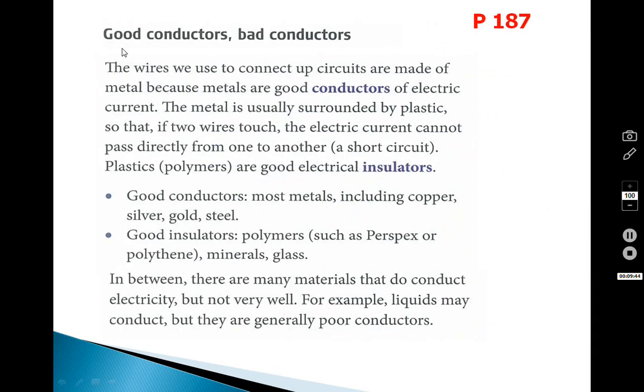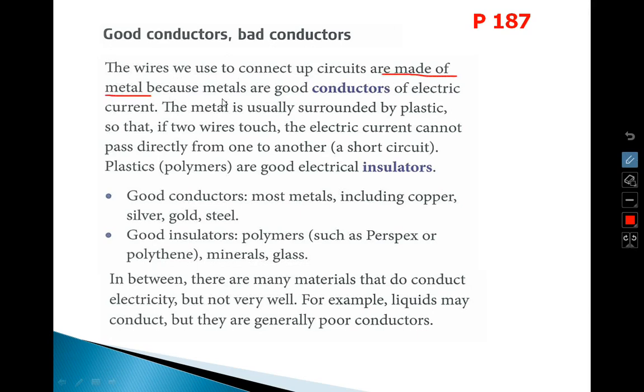Now we will move to good conductors and bad conductors. So please go to page 187. Actually, materials are different. Some of them are good conductors, and the others are bad conductors. The wires we use to connect up the circuit are made of what?